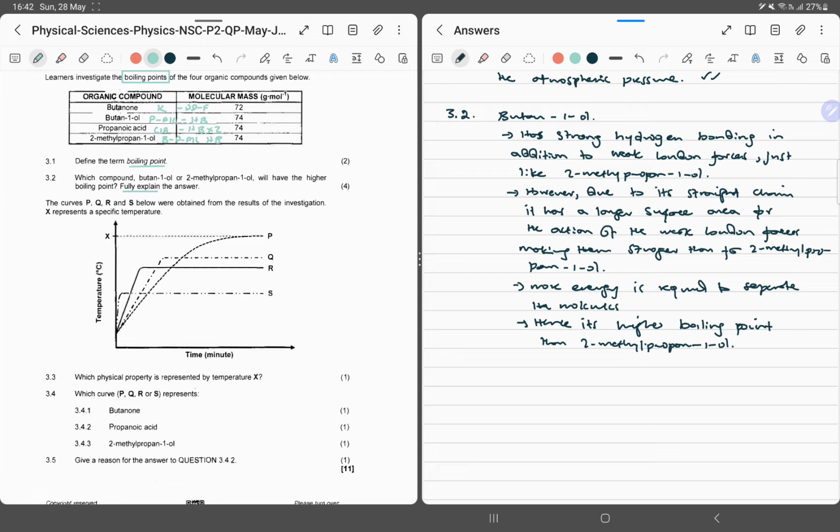Okay, the comparison is very important because you don't want to miss out on those things. Okay, so I like to write a proper comparison so that I don't have to write too many things. Okay, so you could see here you're getting 4 marks. So we're getting a mark for choosing that guy. And then, of course, talking about the differences in the strengths of the forces.